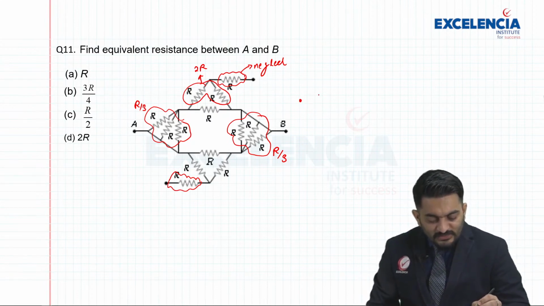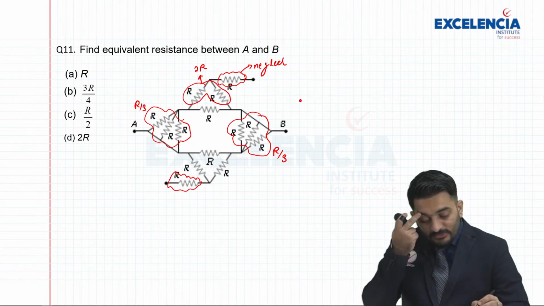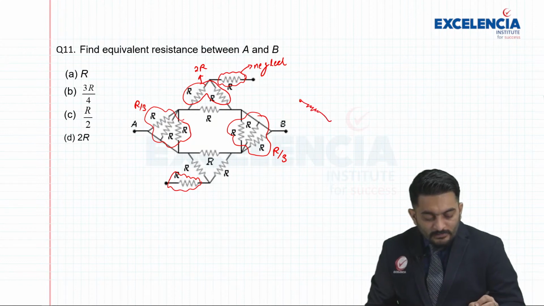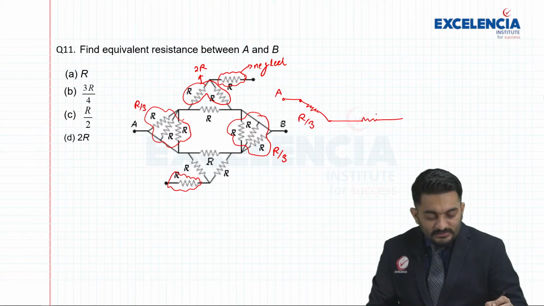Now look here, when I draw it, how simple it looks. This is point A, where you can see this part you have calculated as R by 3, and this is your R as it is.